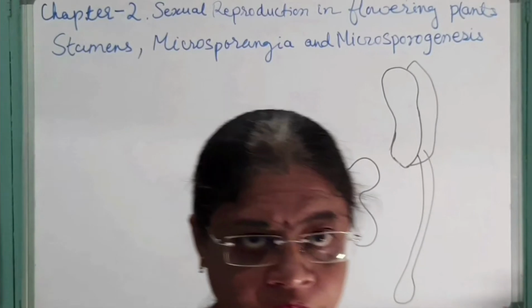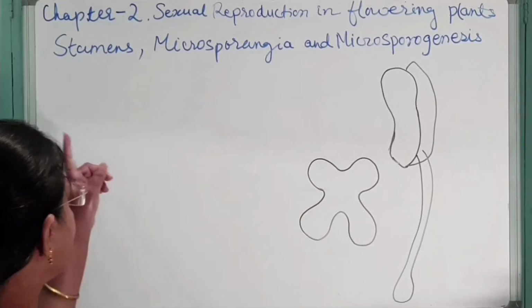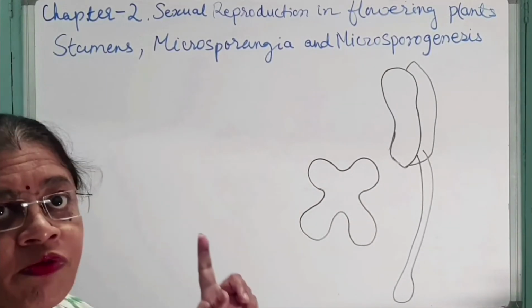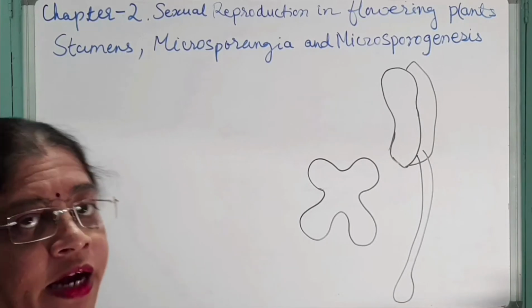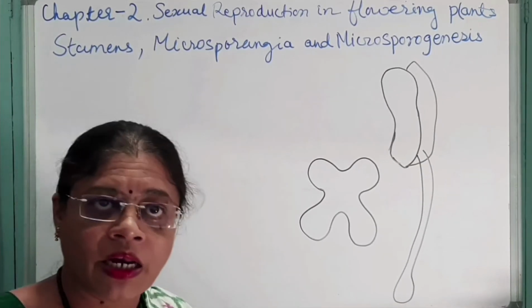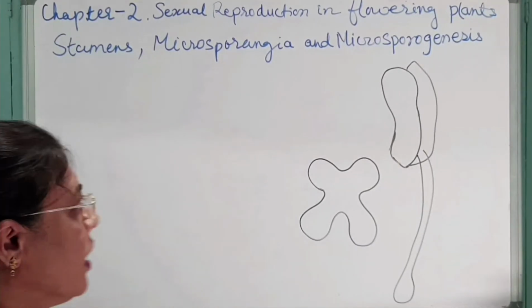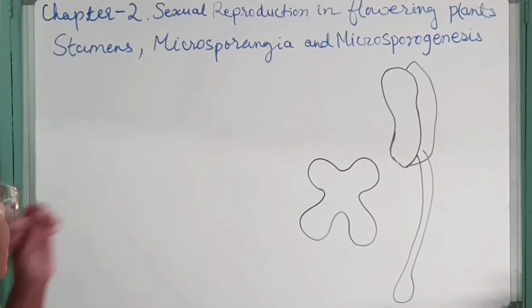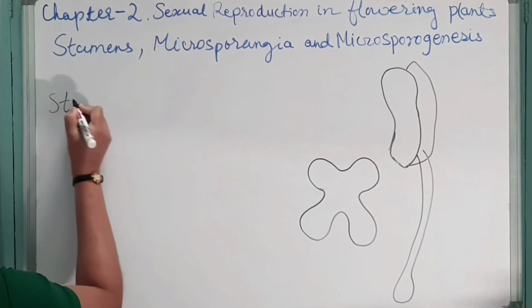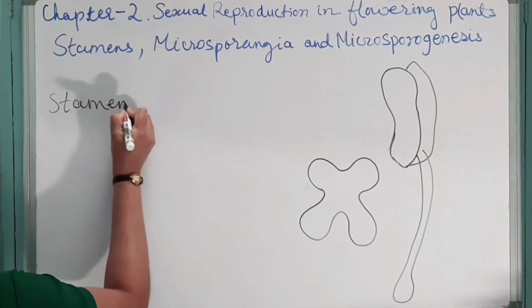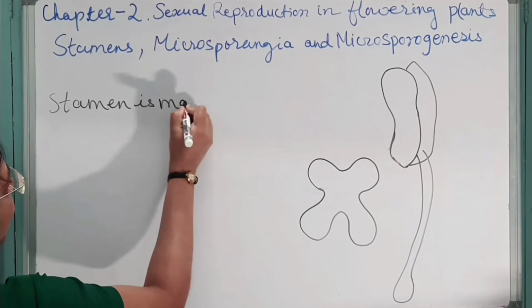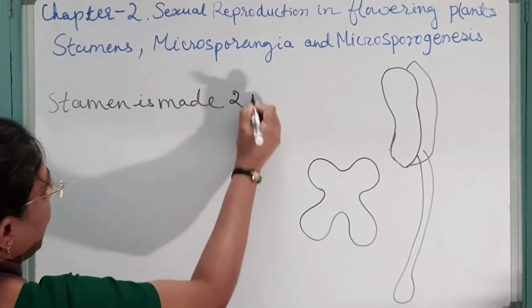Okay, so let's begin. As you know, stamens are the part of androecium, and androecium represents the male reproductive part of a flowering plant. So let's see what is stamen. Stamen is made up of two parts.